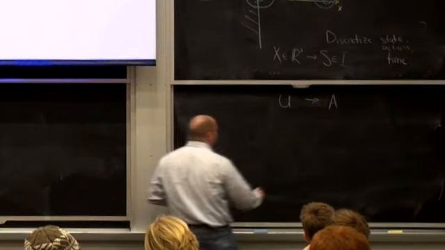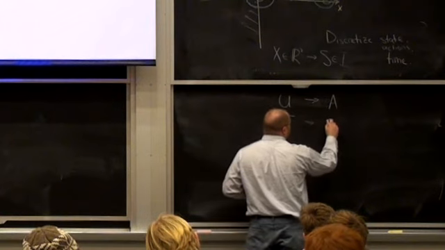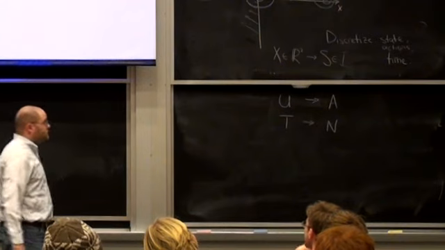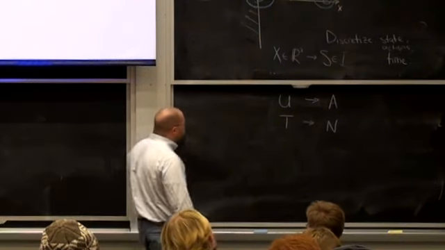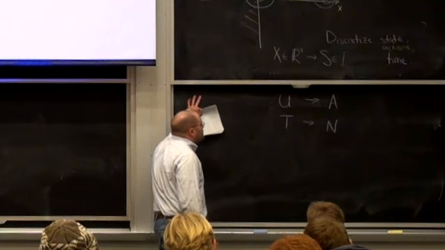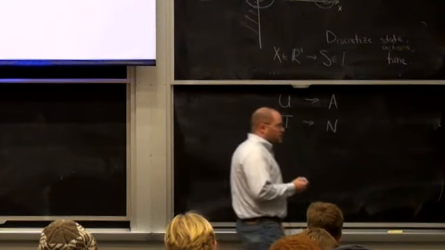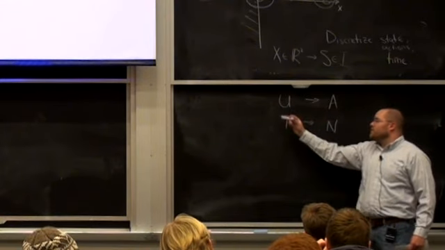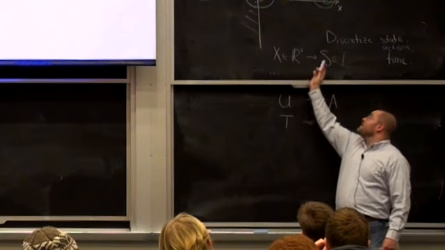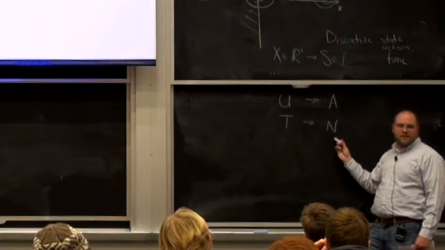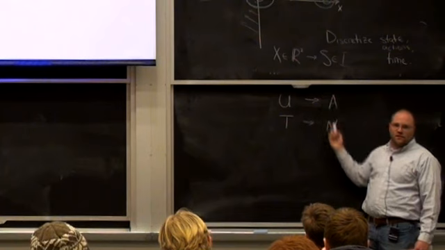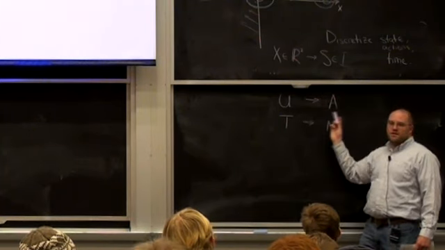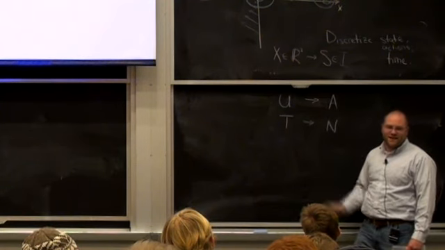And I'm going to take time and turn it into some integer discrete time. Throughout the lectures and the notes, I try to be very careful to use x and u and t for continuous things, and s for states and a for actions for discrete things. So we might find ourselves in situations where we have continuous state and discrete actions or some other combination, but that should be clear from the code.